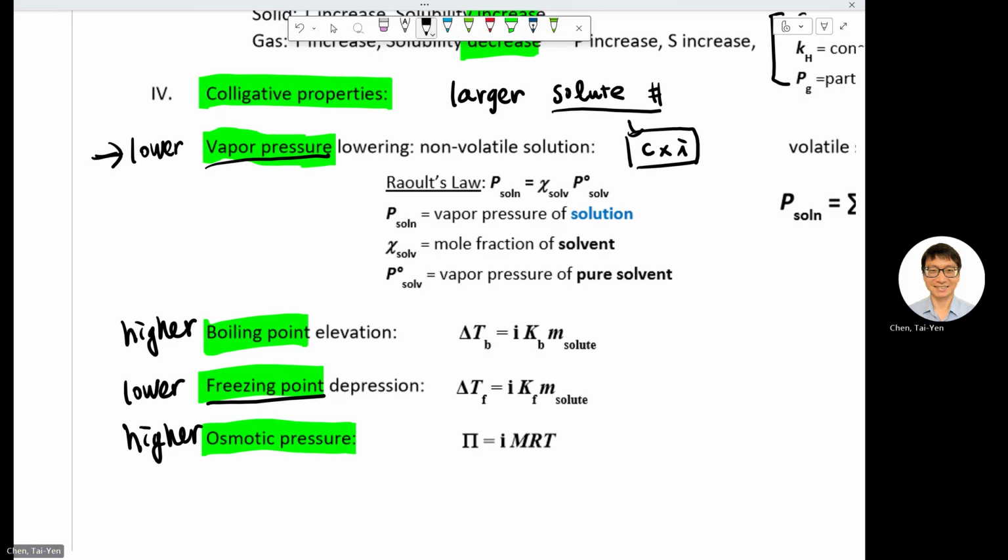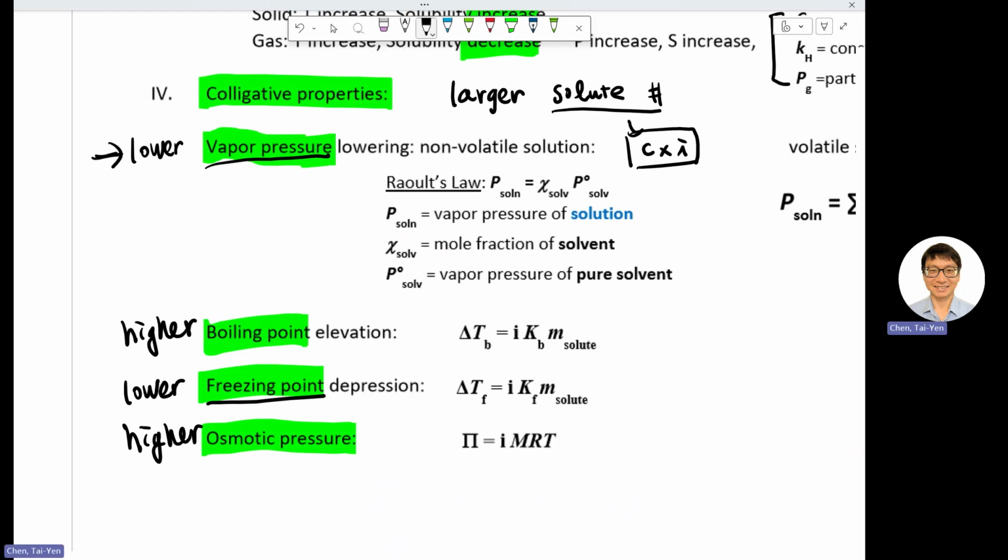Right now, when you add in a lot of solute, the solute is going to occupy some of the sites on the surface. This leads to a slower evaporation process, because some of the sites got blocked.